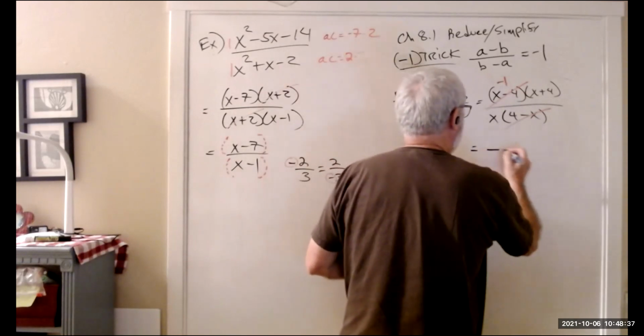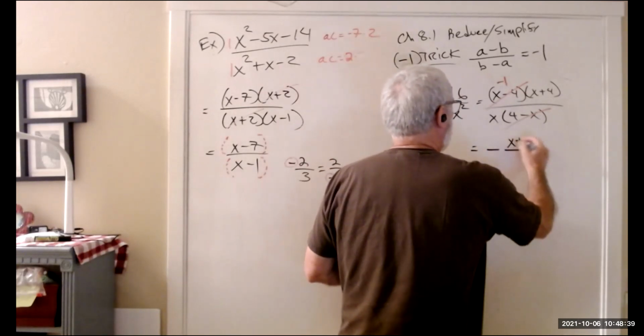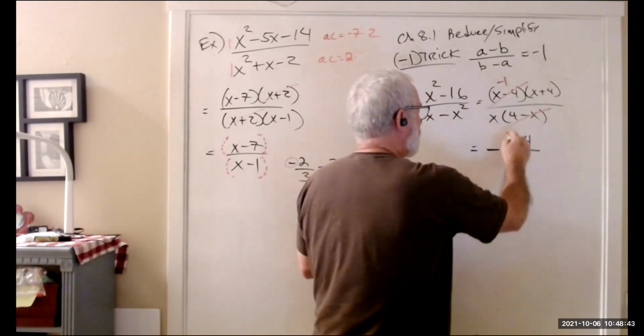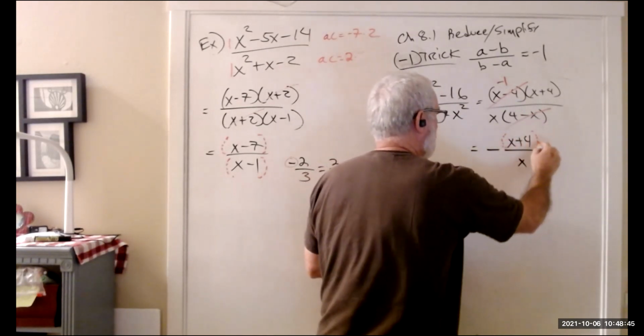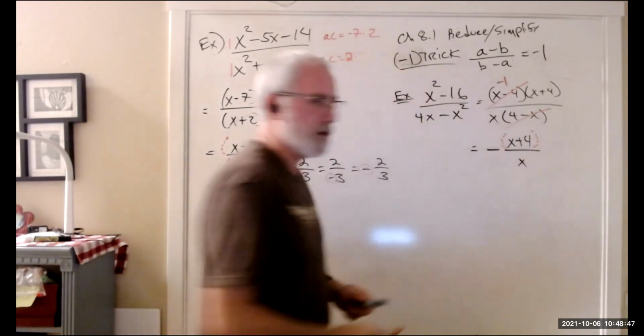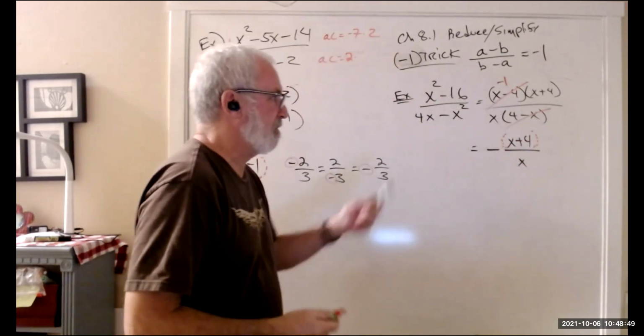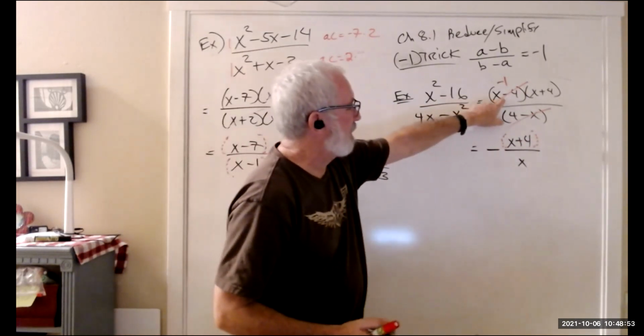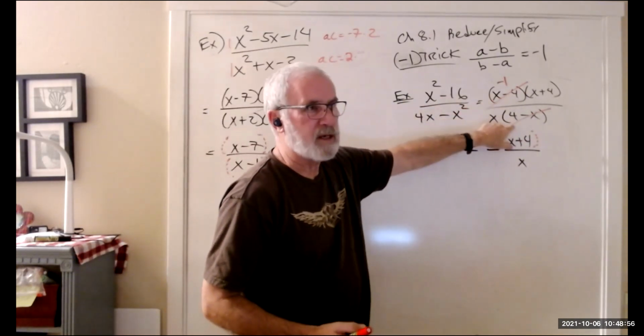You can come down here and go negative x plus 4 over x. Remembering the top has a quantity around it. Well, so does the bottom, but that's it. So again, that 4 minus x and x minus 4 cancel, making a -1.